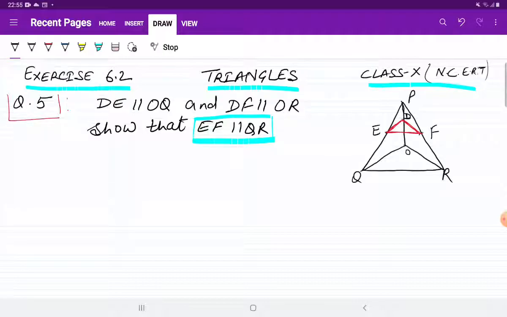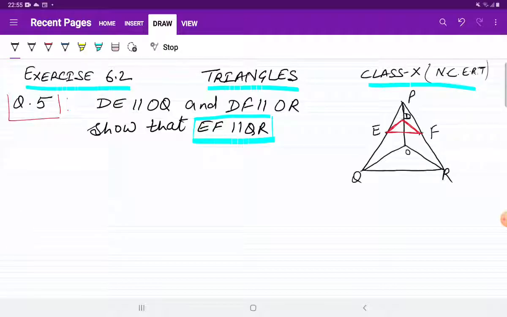Before doing any question, you should know all the theorems. You should know where to apply which result of which theorem. If you know the statement of any theorem, then you can apply it in each question and judge where to apply it. For example, if two lines are parallel, we can apply Thales theorem: the other two sides will be in the same ratio.